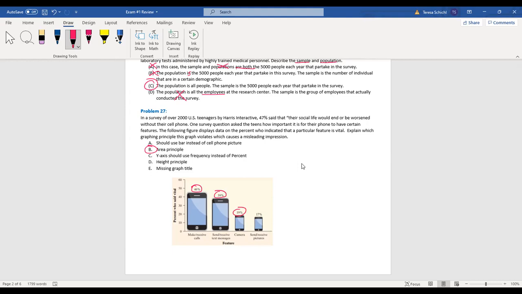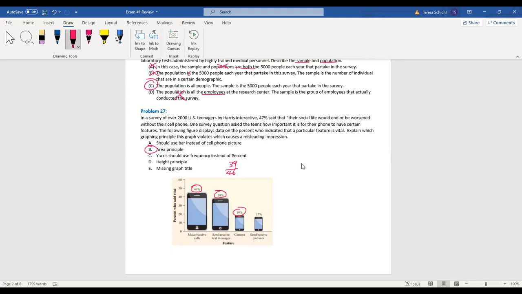In fact, if it is 46%, then the cell phone screen for 39 should be sized compared to the 46. You can see how big the percentage is for 39 compared to 46, and the same for this one. So when you use pictures, typically we violate the area principle.